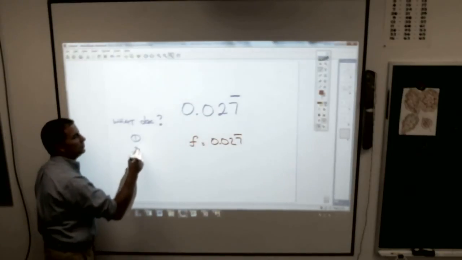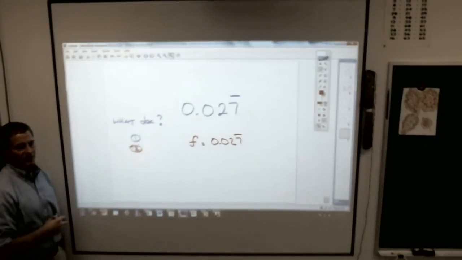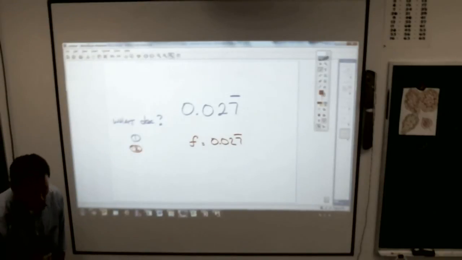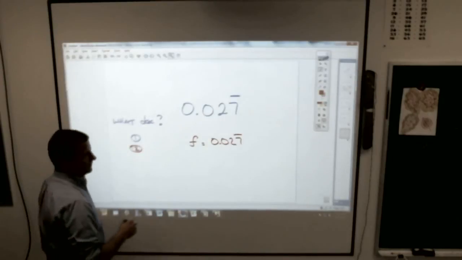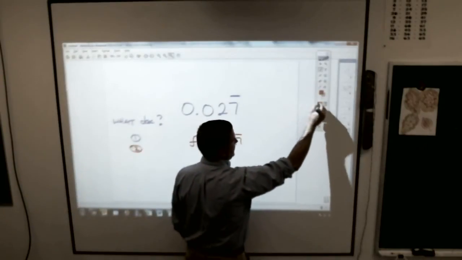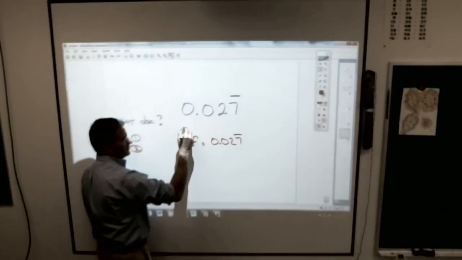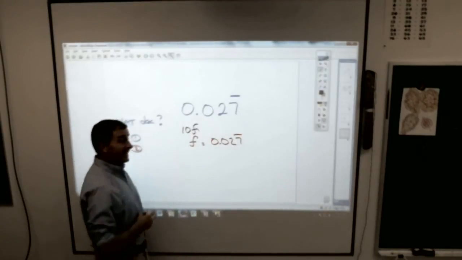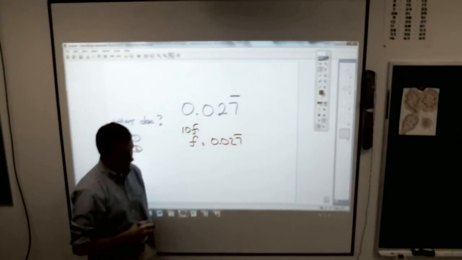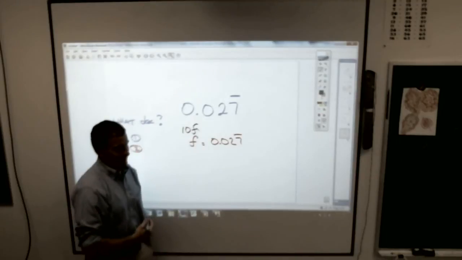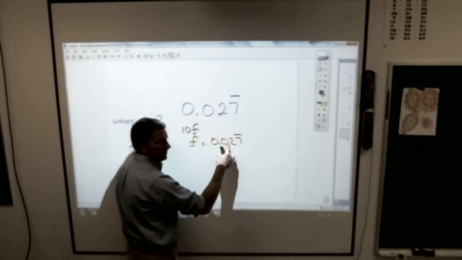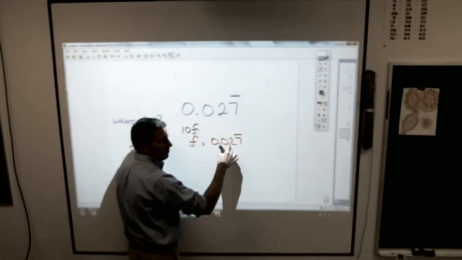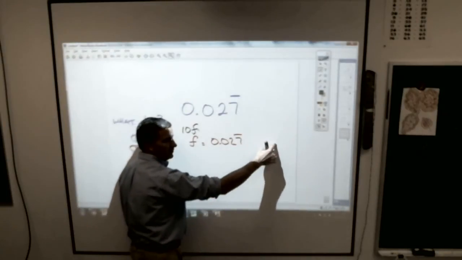Step number 2. How many digits repeat? Just 1. So you're going to multiply everything by 10. So by 10, this makes this 10F. How many people didn't get 10F? Because that's the easy part there. What part of that doesn't make sense? You are then just going to move the decimal over here, making this 0.27 repeater.